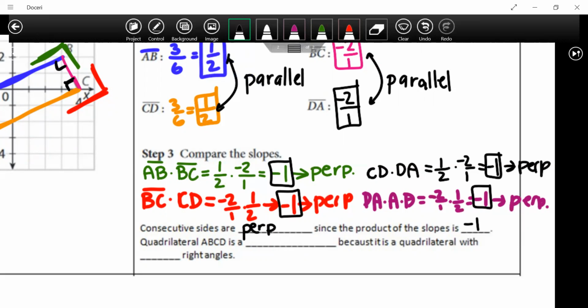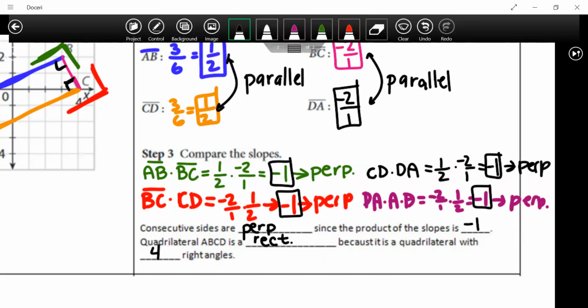Quadrilateral ABCD is a rectangle, because, I made a boo-boo on that, because it is a quadrilateral with 4 right angles. So by definition, a quadrilateral with 4 right angles is a rectangle.